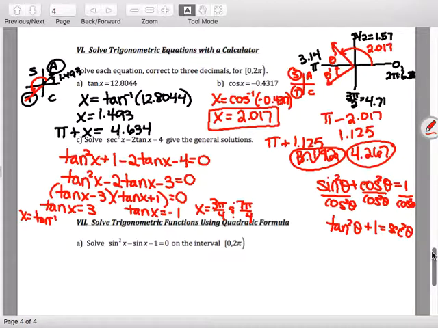So we're going to take the inverse tangent of 3. Go ahead and use your calculator. And are you getting 1.249?